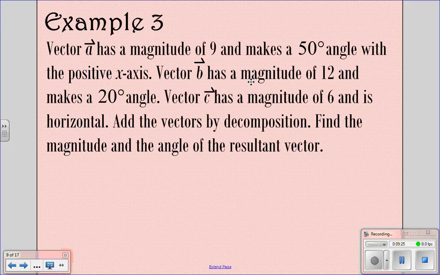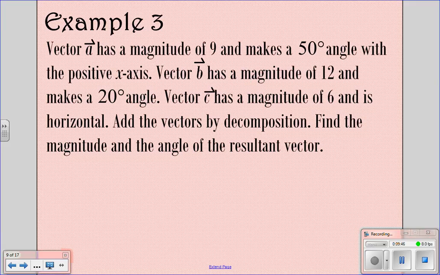We have vector A, and we have vector B, and we have vector C. We want to add them together by decomposition, and we want to find the magnitude and the angle of the resultant. So we basically have to do what we did on the last one, but now we have 3 of them.